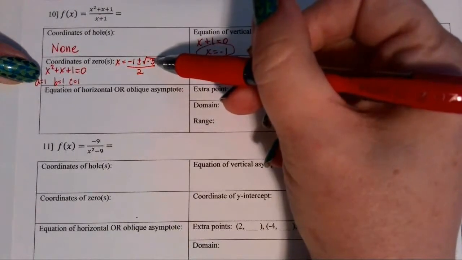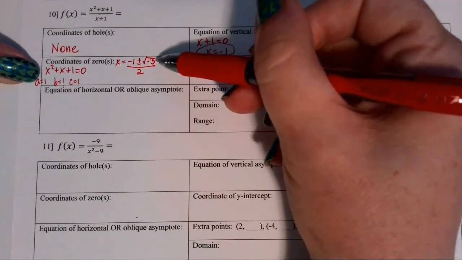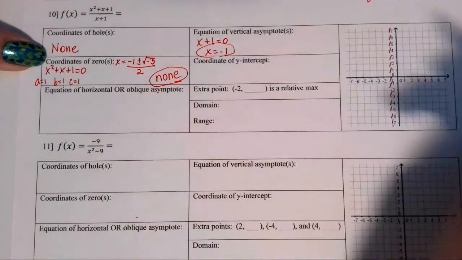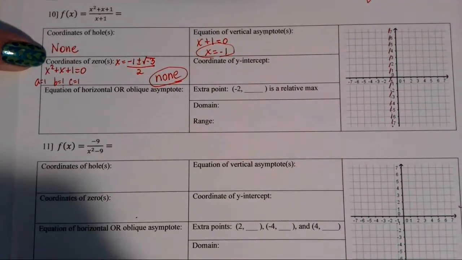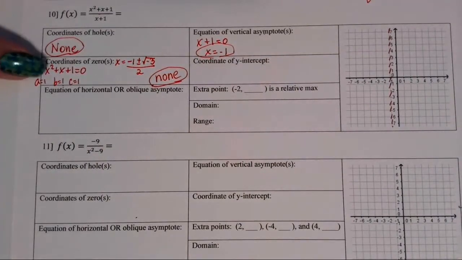Since there is a negative under the square root, we know that these are imaginary zeros, and so there are no real zeros. We would want only coordinates of real zeros to see if they would appear on the graph. So this has no holes and no real zeros.